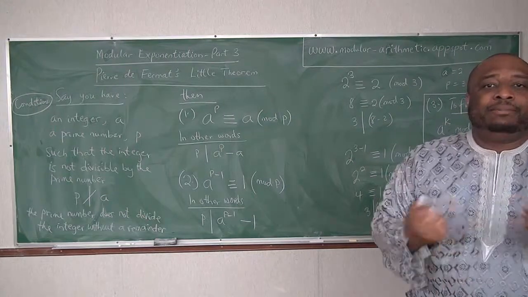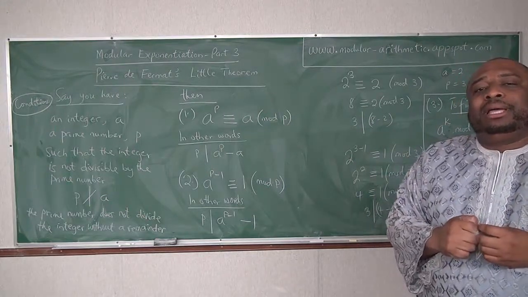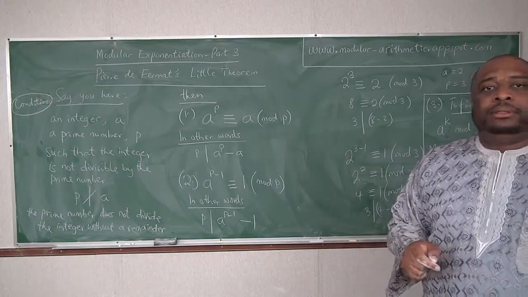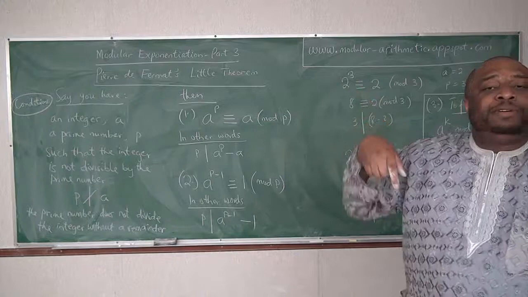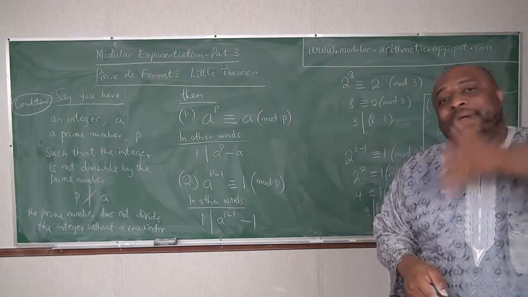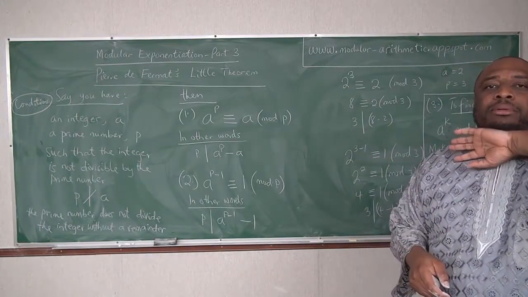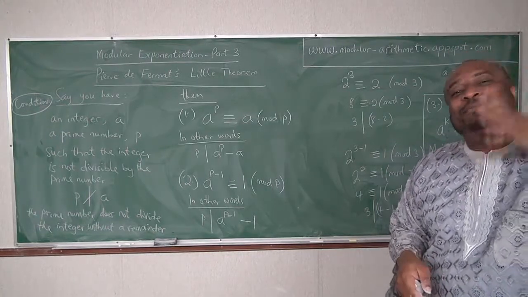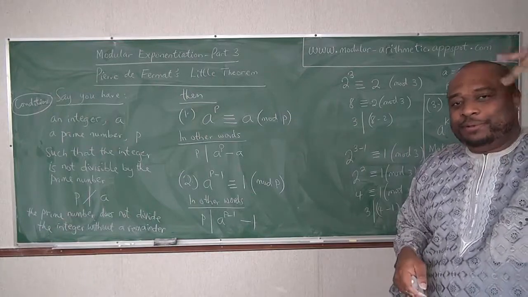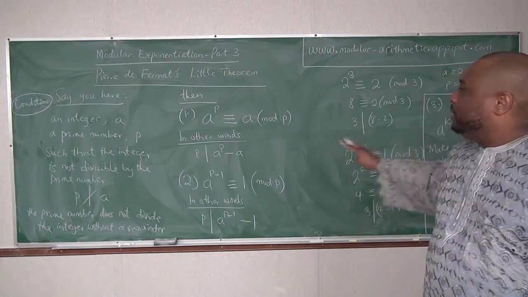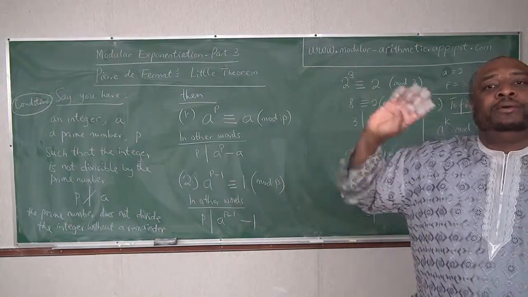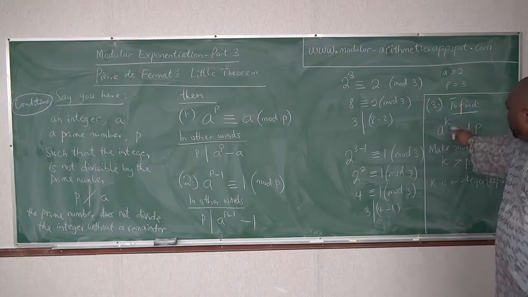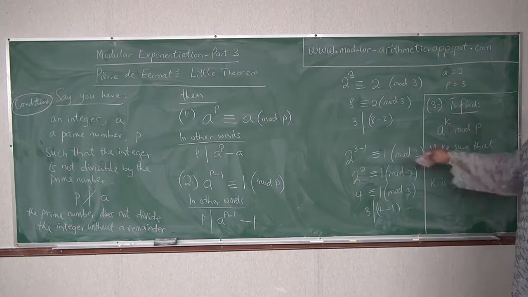In those previous two videos the exponent was less than the modulo. But in this one, the exponent has to be greater than the modulo. Okay? The exponent should be greater than the modulo.